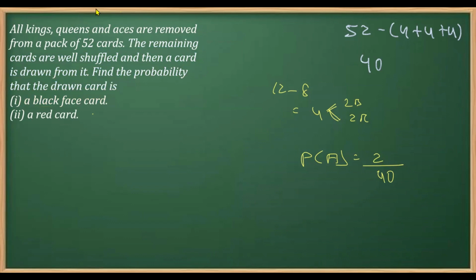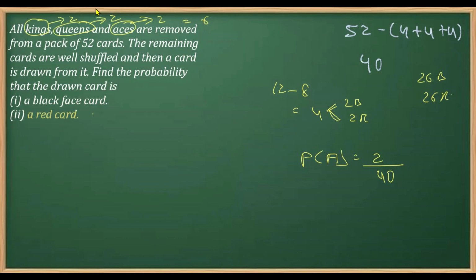And then it's asking for a red card. Well, out of 52, I'm talking about the whole 52, 26 of them are black, right? And 26 of them are red in color. Now check here. Among the cards removed, out of the 4 queens removed, 2 of them are red. And all aces are removed. There are 4 aces, out of which 2 are red. So you can see that altogether 6 red cards have been removed.